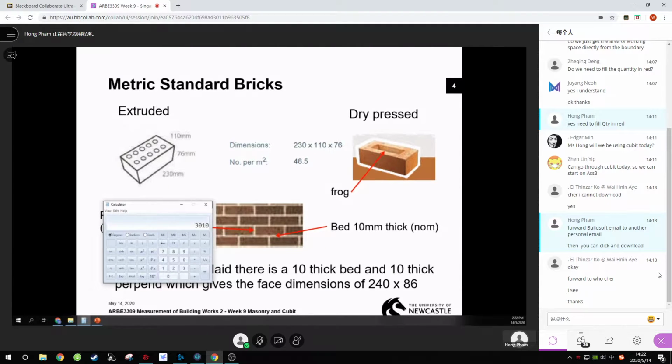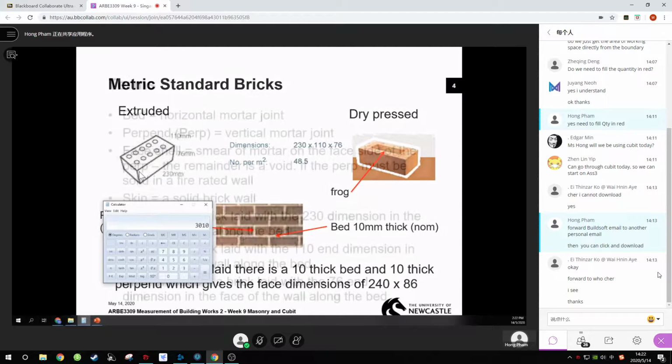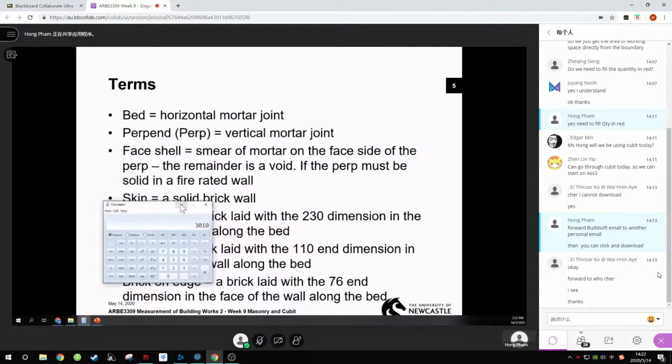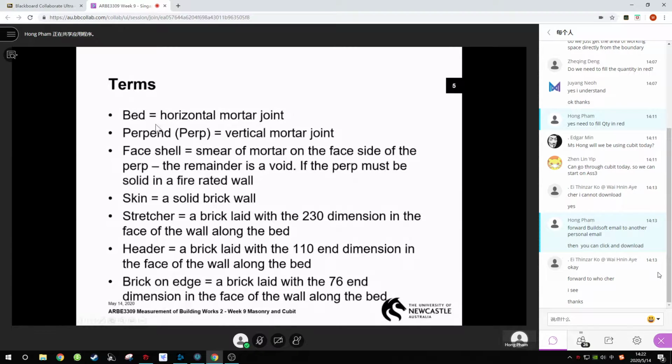So remember, this is a matrix standard brick. Okay, let's go to the next page. So you have the terms here. Why do I emphasize the terms? Because as a quantity surveyor, contract manager, or even a construction manager, when you read the BOQ, you have to understand the specifications and what they are trying to say.